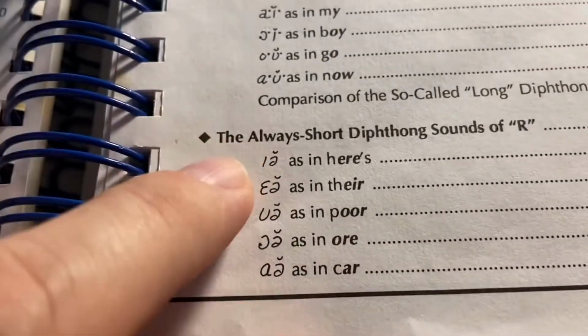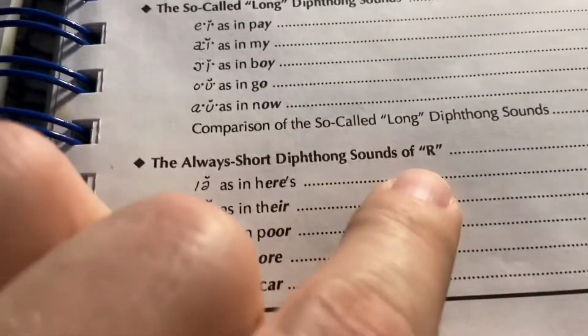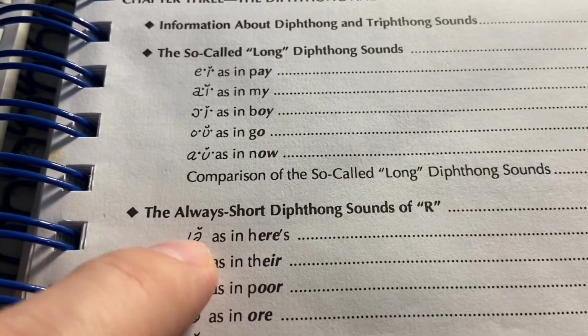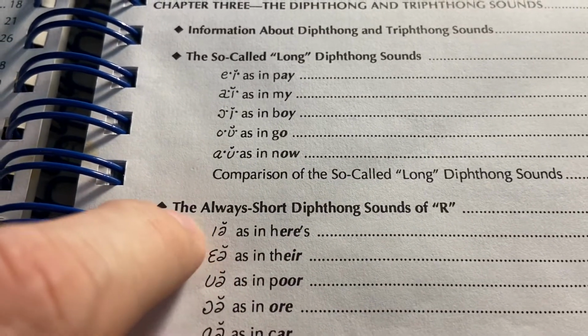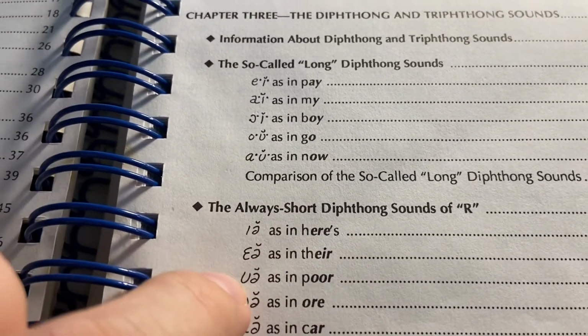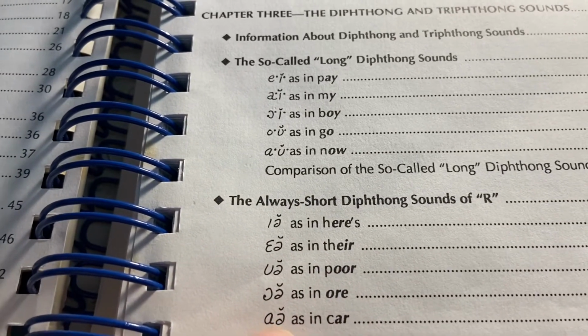We also have some always short diphthong sounds with R, which Texans love. Here is the I and the backwards E as in 'here's', or the other backwards 3 and this little thing as in 'there'. Here's one as in 'pour', and 'car'.